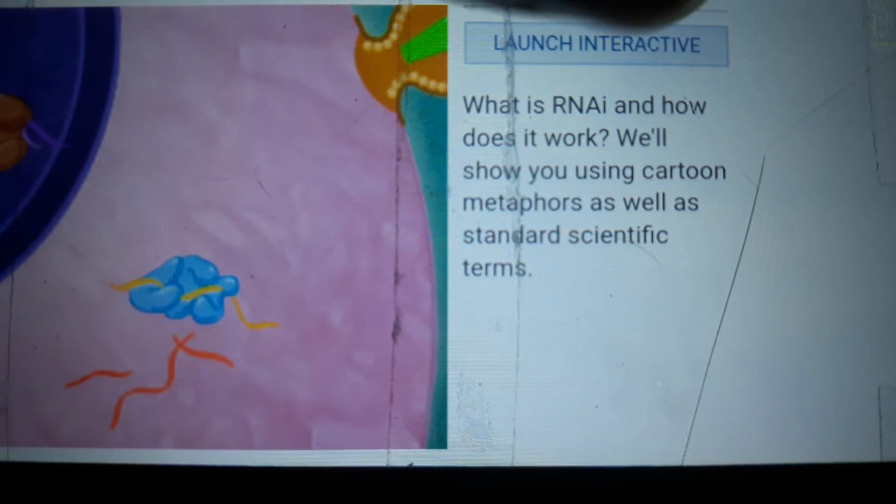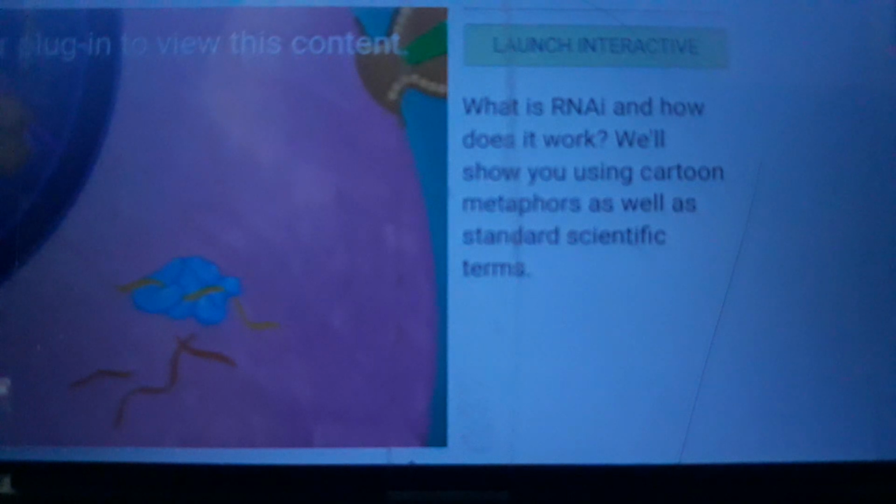So let's launch the interactive. What is RNAi and how does it work? We'll show you using cartoon metaphors as well as standard scientific terms.